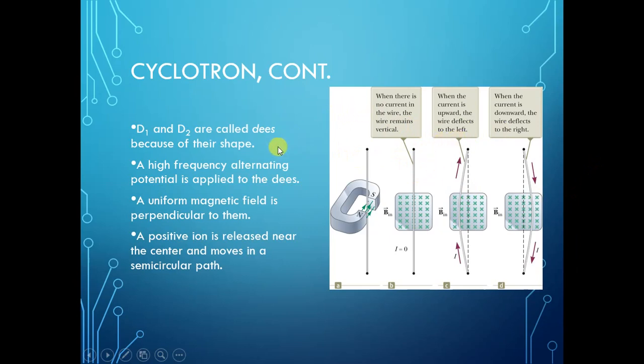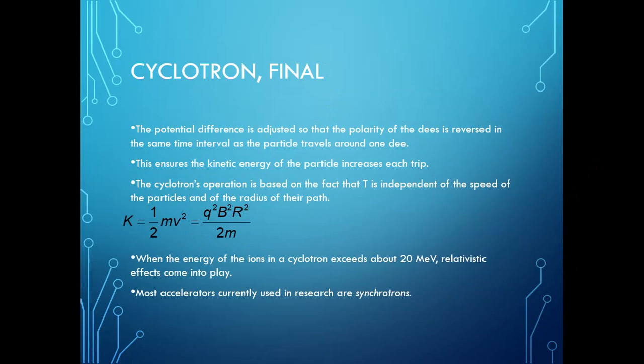In the cyclotron, the potential is adjusted so that the polarity of the Ds is reversed in the same time interval as the particle travels around one D. This ensures the kinetic energy of the particle is increased each trip. The cyclotron operation is based on the fact that the period T is independent of the speed of the particles and of the radius of their path.